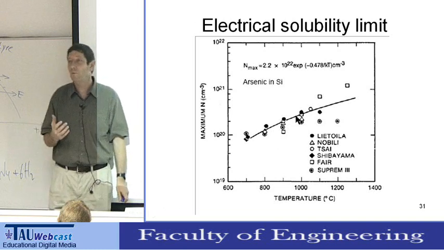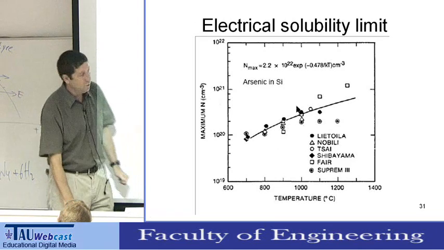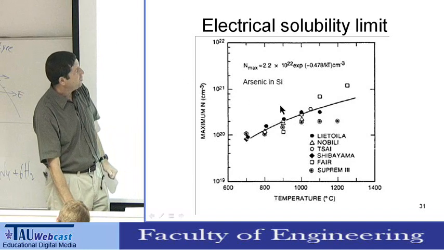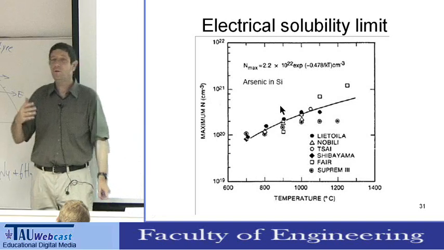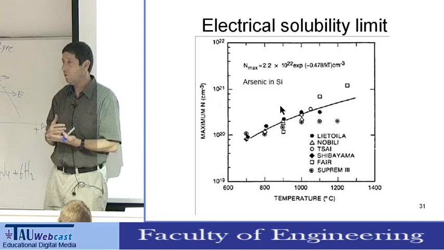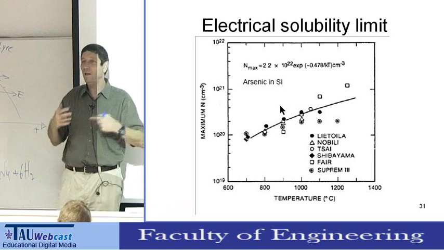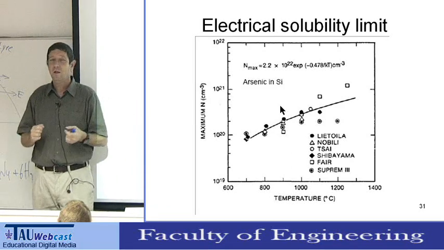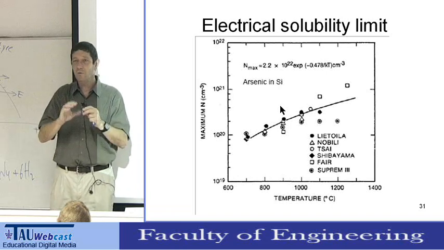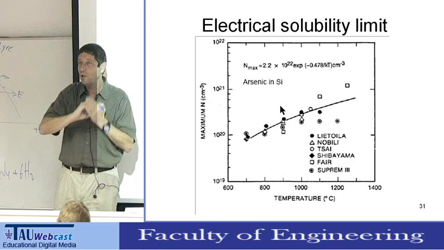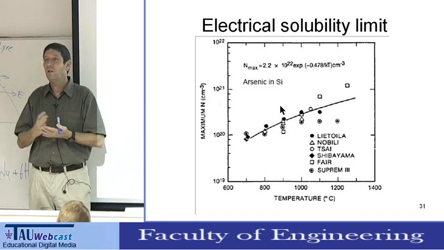Now, what people are trying to do is go to higher concentrations, because in some cases you can introduce atoms above solid solubility if you are in a metastable state. You can, for example, implant a very high dose and do the annealing so quickly that the atoms will not generate structures which are not electrically active.